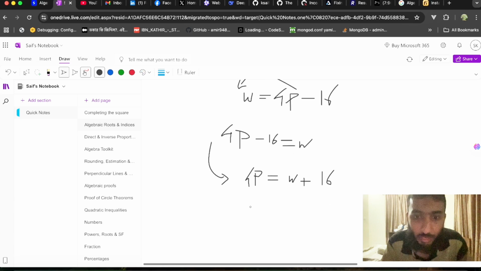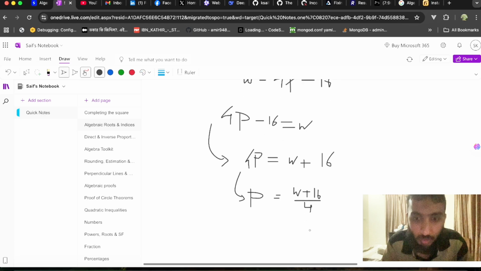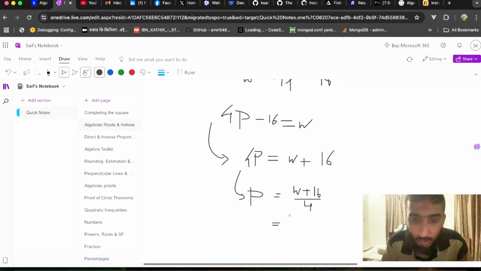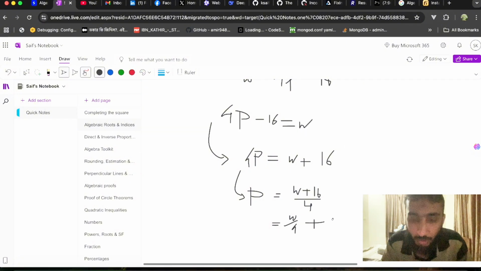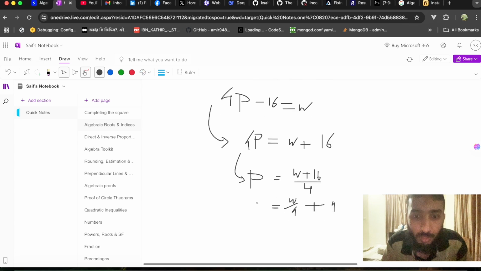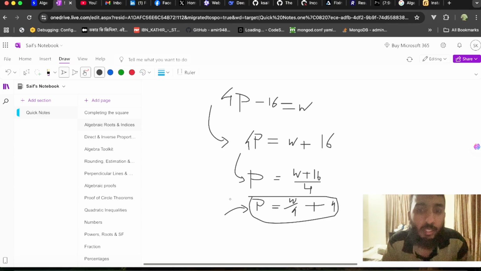So from here we can write p equals w plus 16 divided by 4, or we can also write it in this way, w by 4 plus 16 divided by 4 is 4. So w by 4 plus 4. This is the equation where p is the subject of the equation.